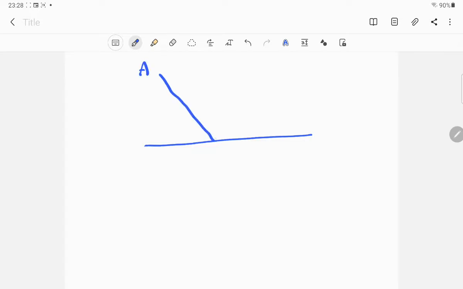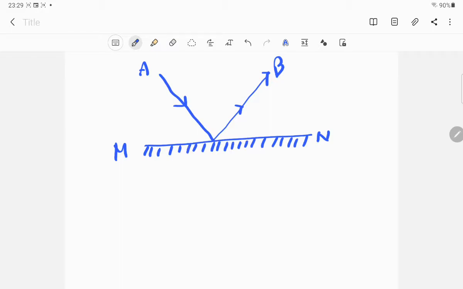So I will draw it like this so that we can adjust it within the same diagram. It is going like this, A to B, and this is the mirror, which we will name MN. Let this point be P. So this is one of the paths. Another path may be like this also, nobody knows.